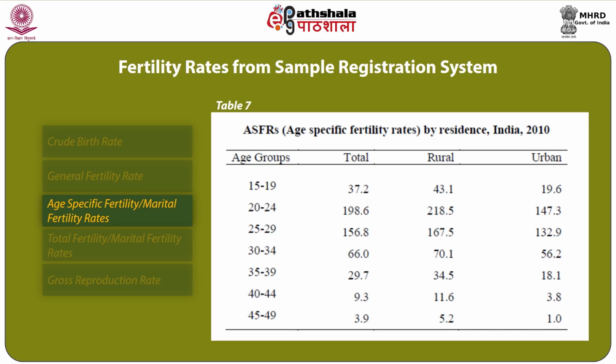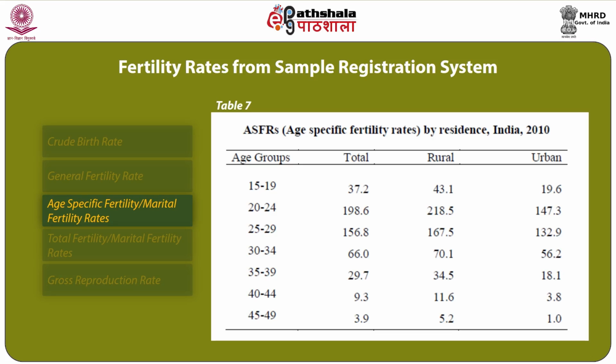When we look at the next higher age group of 20 to 24, it is very clearly at the peak level, with the total age-specific fertility rate for the total population as high as 198.6, and in rural areas it is at a very high level of 218.5 compared to the urban age-specific fertility rate of 147.3.